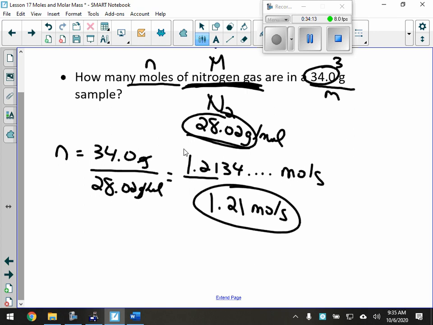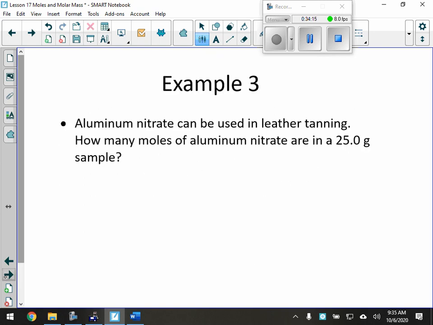So 3, okay? And then the last one here, aluminum nitrate can be used in leather tanning. How many moles of aluminum nitrate are in a 25-gram sample? Why don't you go ahead and do that? Let's see how good you get here, how accurate you are.